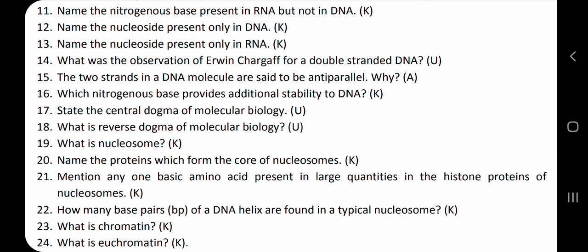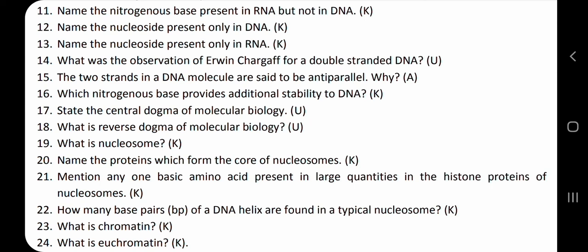Next, 20th question. Name the proteins which form the core of nucleosomes. As I said, in the nucleosomes there will be presence of histones, or we call them proteins also. So it is the histone octamer, I called it during the structure of a nucleosome. Why histone octamer? Because there are 8 proteins present.